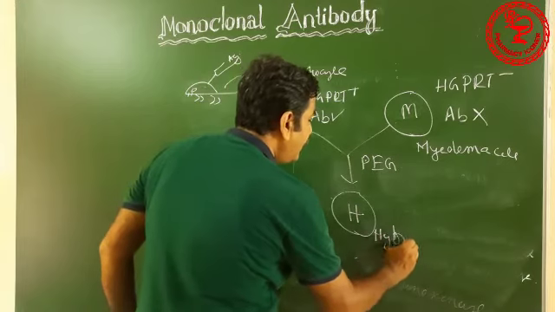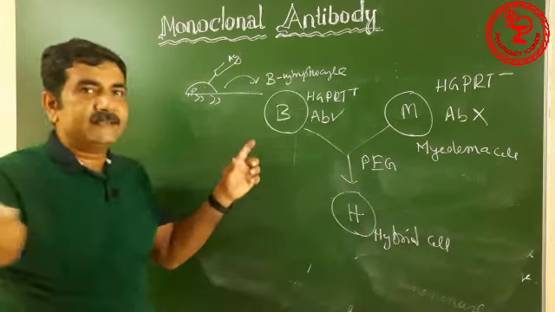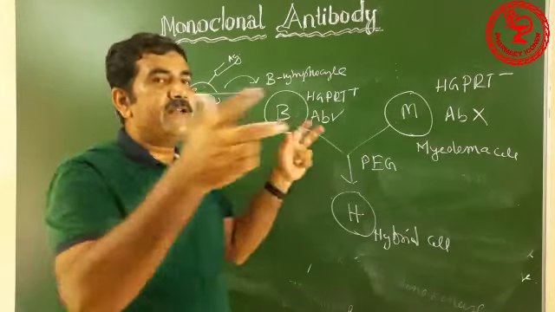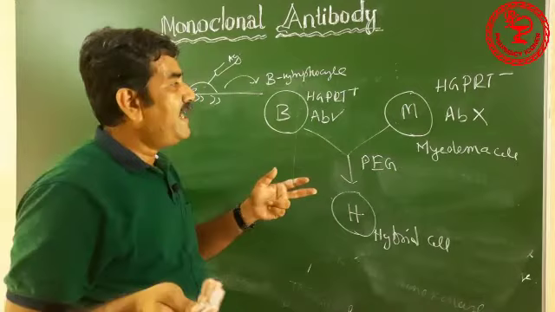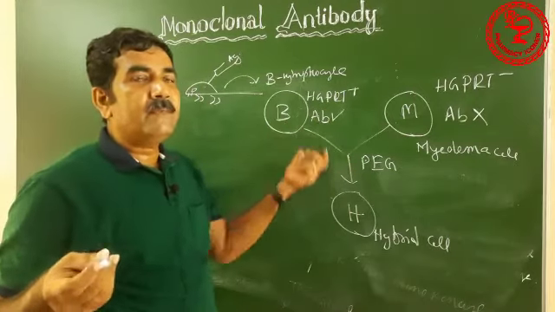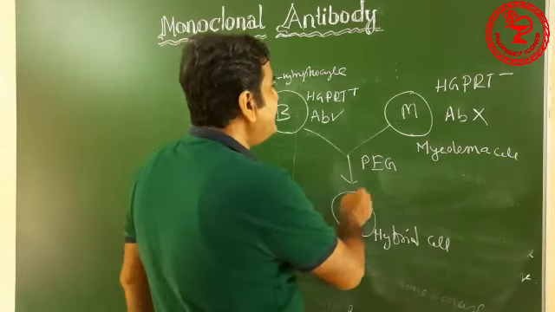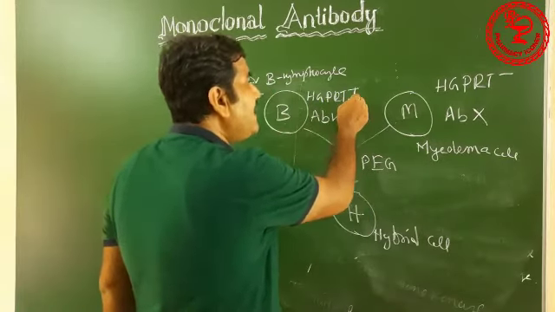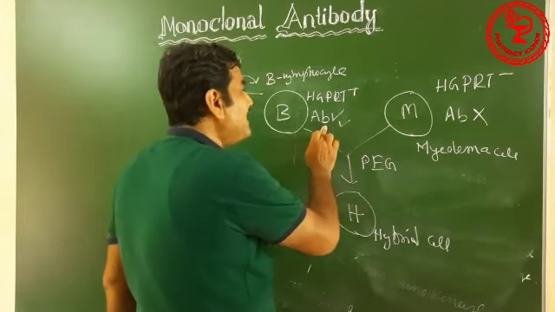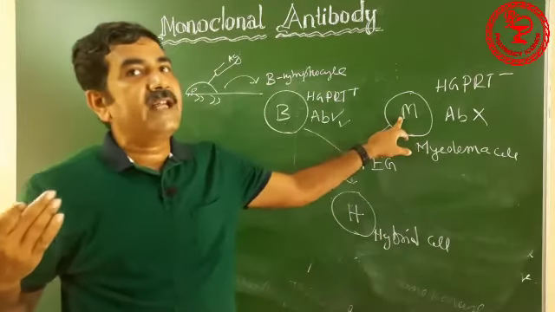Produce a hybrid cell. These hybrid cells, their genetic material will hybridize also and will gain some properties from each of the cells. So now these hybrid cells are HGPRT plus, can produce antibody, and can survive outside our body.